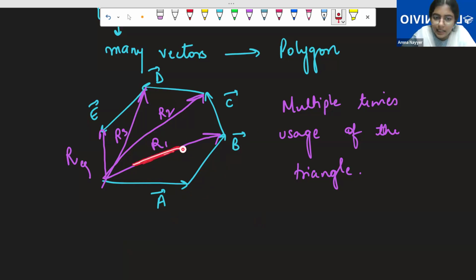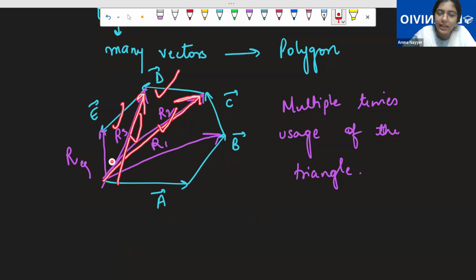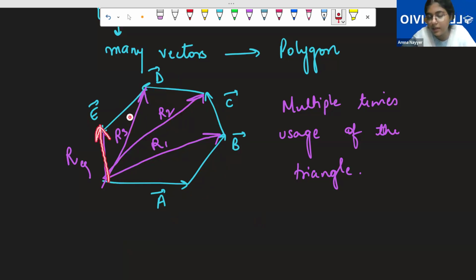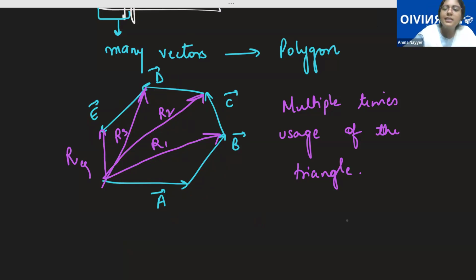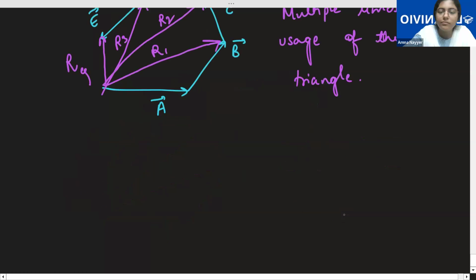Then take this resultant and take this vector, as if these two are the vectors right now. Solve them, get one more resultant. Take this resultant with this, get one more resultant. This with this until you finally close the polygon. Got it? All right. Same formula, same magnitude.